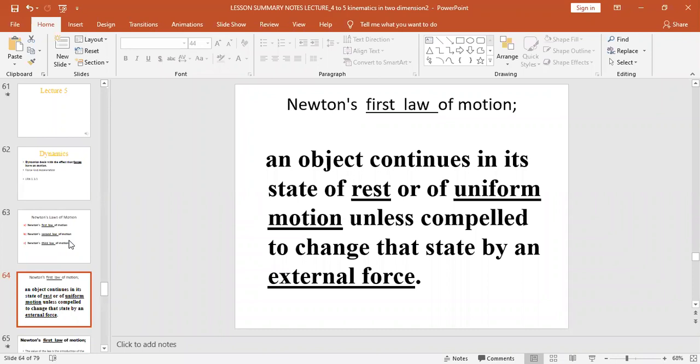So in the presence of an external force, the body will cease to be in a state of rest or uniform motion. So this essentially talks about forces acting upon objects, or introducing the concept of friction as well.